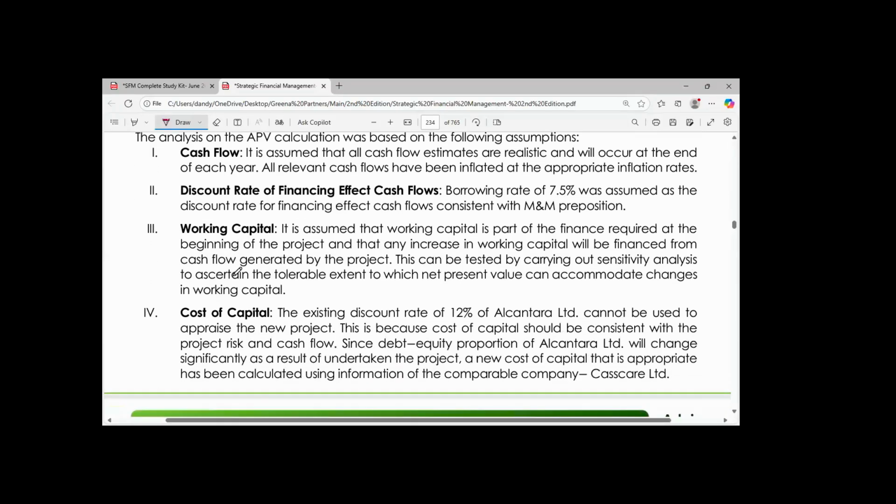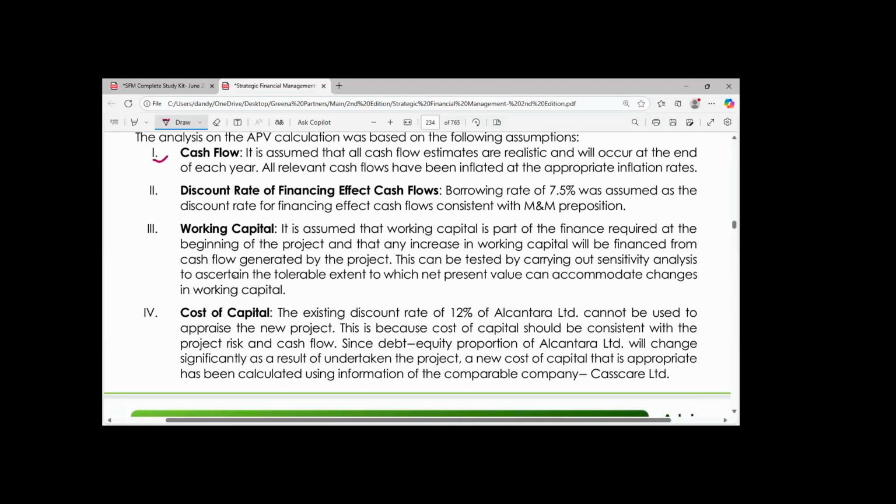Then number two, discount rates of financing effect cash flow. Okay, this is another assumption that we made. So borrowing rate of 7.5% was assumed as the discount rate for financing effect cash flow, consistent with the M&M proposition.